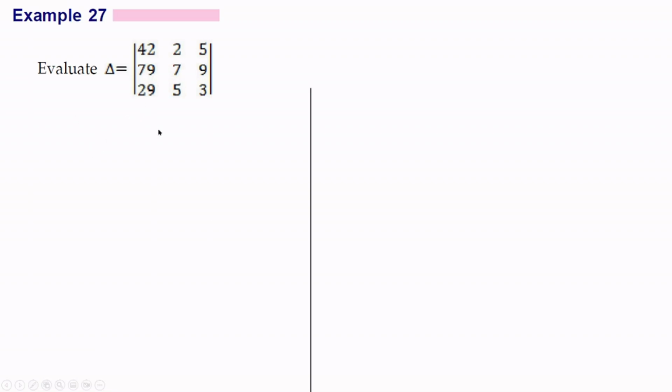Evaluate determinant of this. So here let us use the properties of determinant.